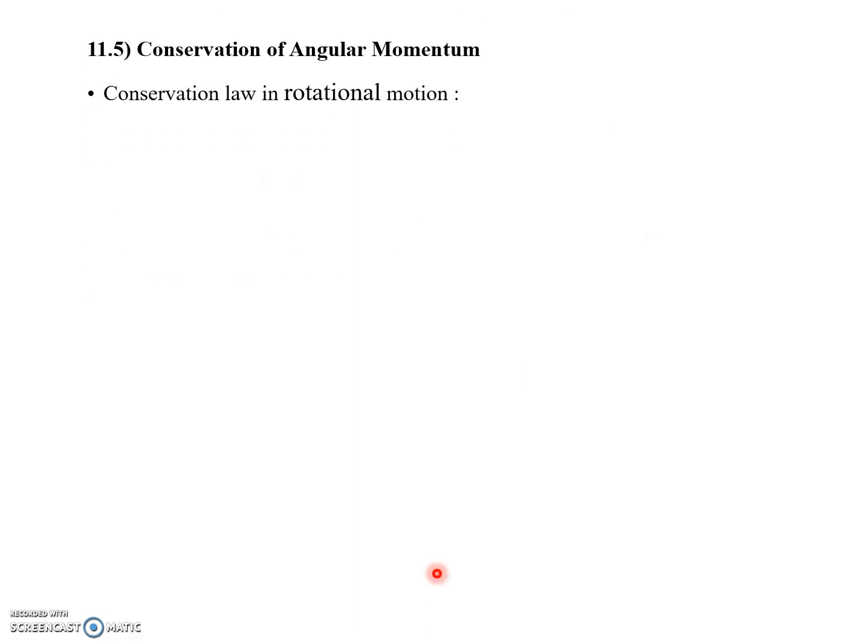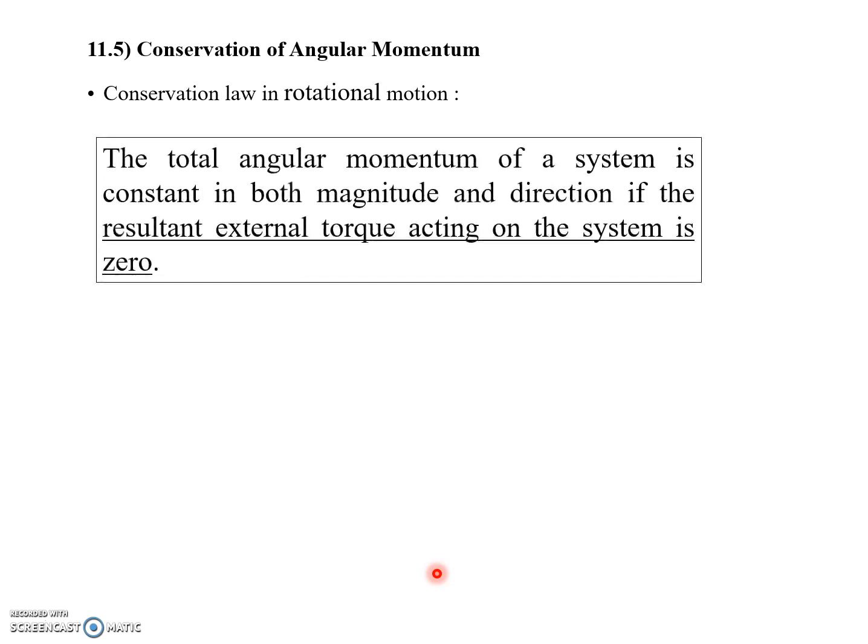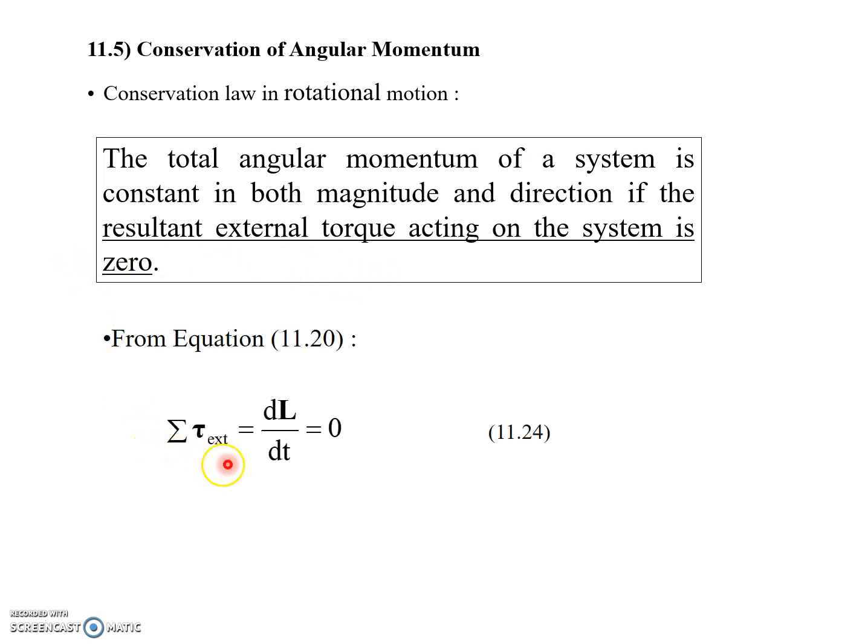We also have conservation of angular momentum, where the resultant external torque acting on the system is 0. So from the equation, we can write that torque equals 0, where torque equals dL over dt. If you differentiate a constant value, you will get 0.